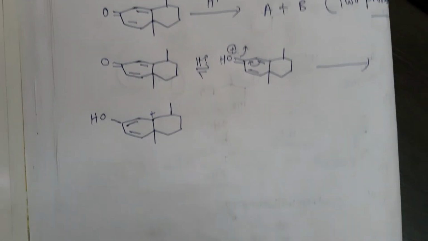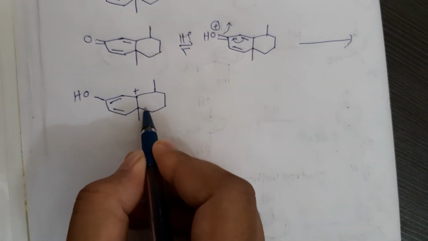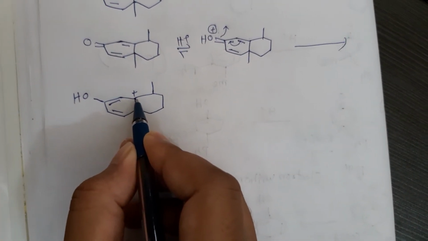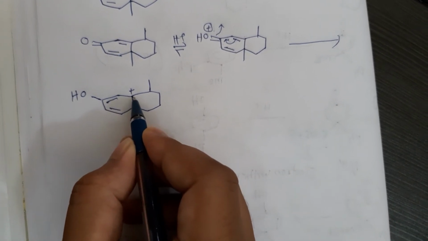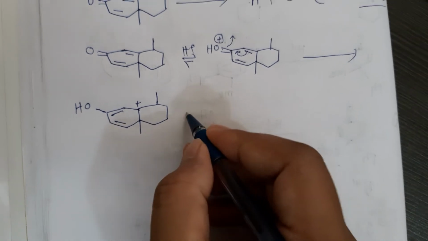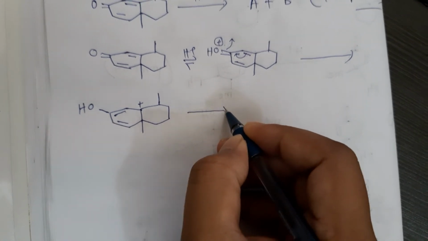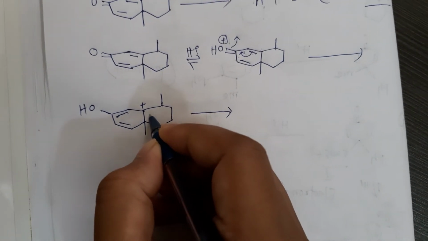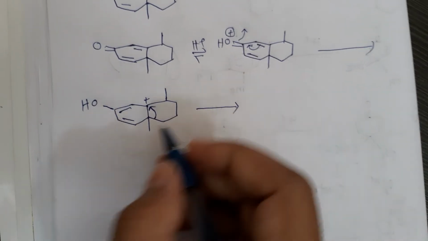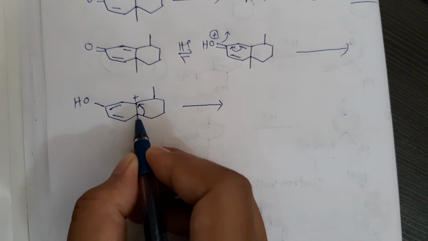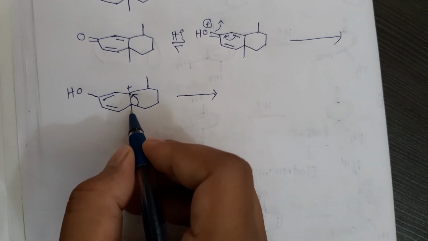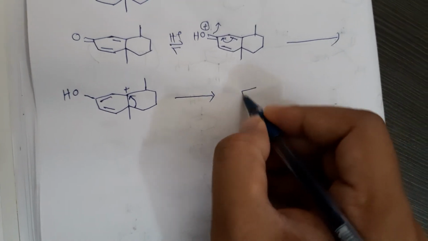Now see, this can come here. Got it? This comes here, because if this comes here, the carbocation which is formed is 3 degree. It is also stable.